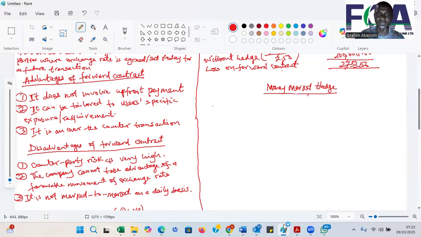Let's see foreign receipt. What's the procedure?